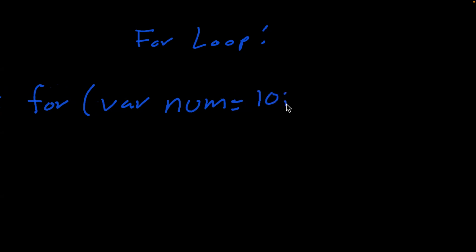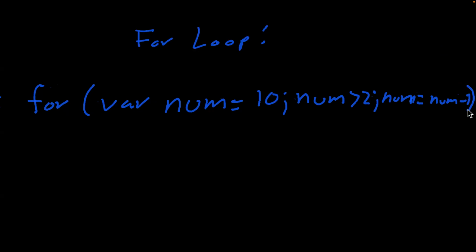And then we have a semicolon. And then we say num greater than 2, semicolon, num equals num minus 1. I ran out of space because I put too much space in the beginning.